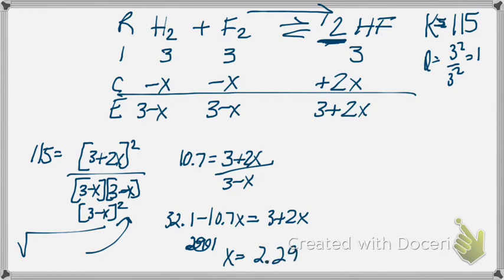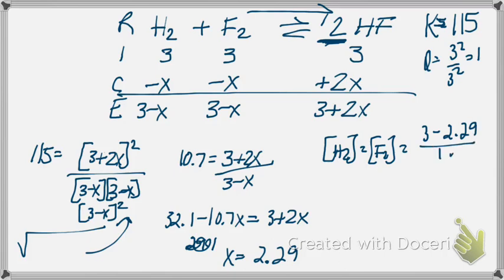So your concentration of H2 is equal to your concentration of F2, which is equal to 3 minus 2.29 divided by 1.5 liters. Because we're no longer at 1 liter, so we have to make sure we divide by our volume. And so we get 0.472 molar.